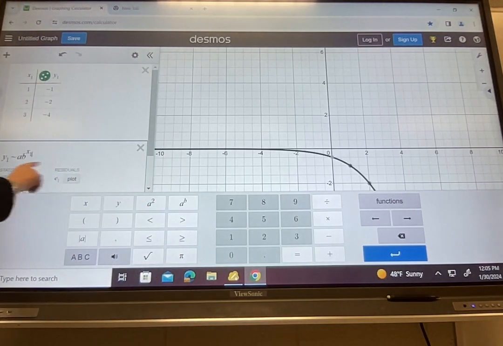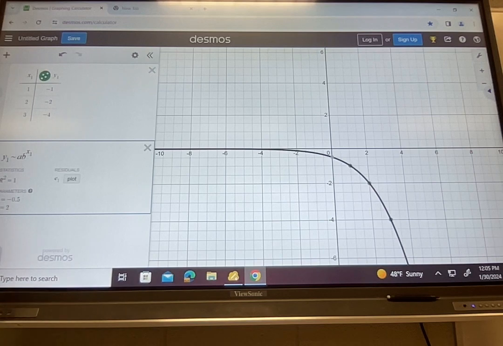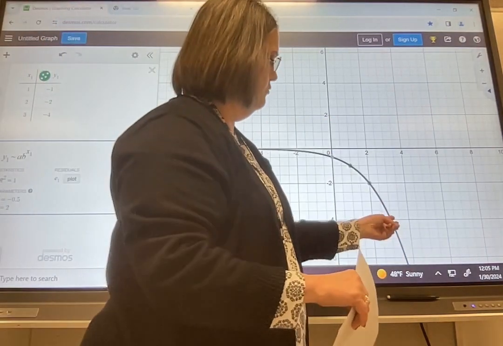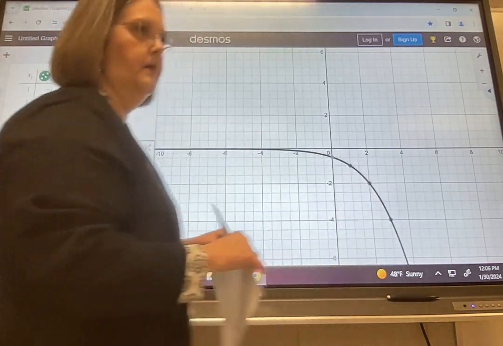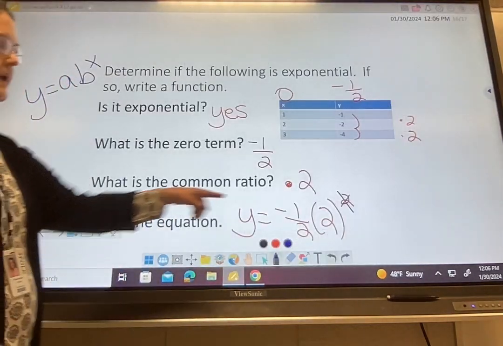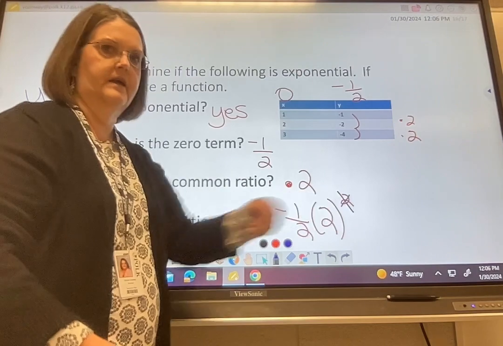And then look what it does. This is fantastic. It gives it to us. A equals -1/2, and then my b is 2. And do you see that it graphed that equation and it went right through each one of your green points? So that's the equation. So the equation is -1/2 times 2 to the x power.